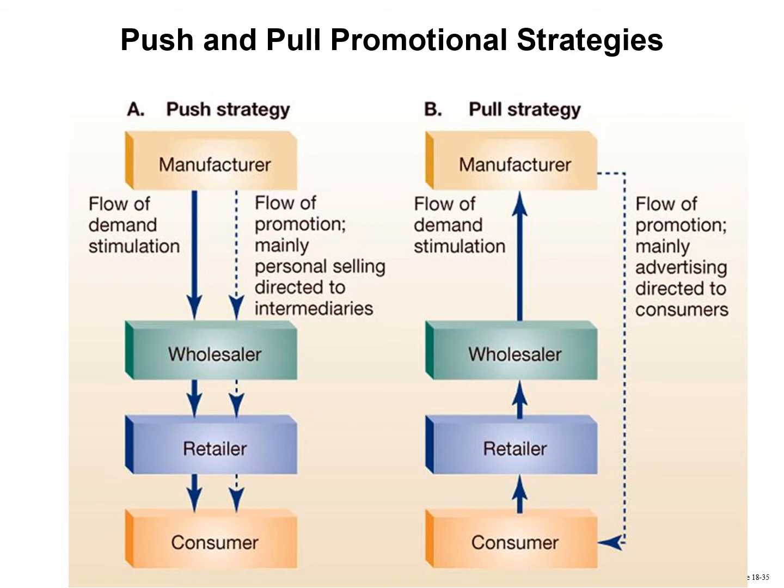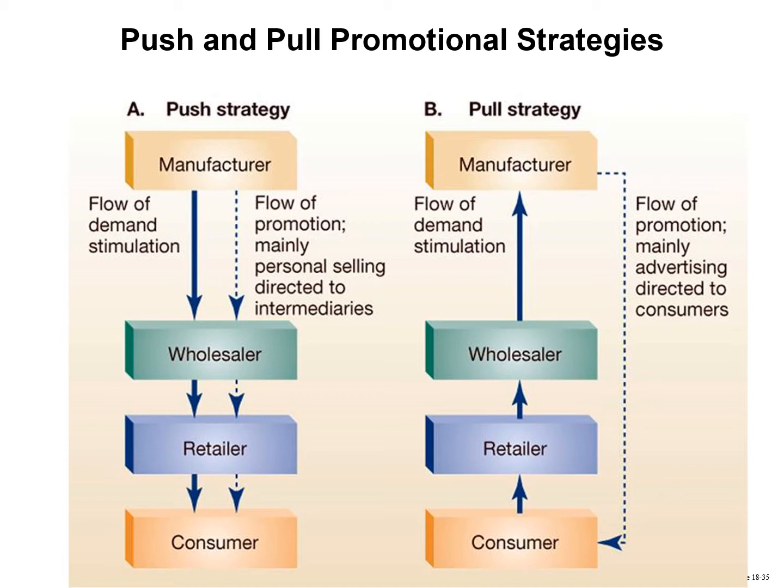So the promotion goes from manufacturer to the wholesaler, and this is mainly personal selling that's directed to the wholesalers or the other intermediaries, whoever is next in line in the channel. Next, the wholesaler promotes the product to the retailer, and the retailer finally promotes the product to the consumer. So they really want to push their product from manufacturer to wholesaler to retailer to consumer.